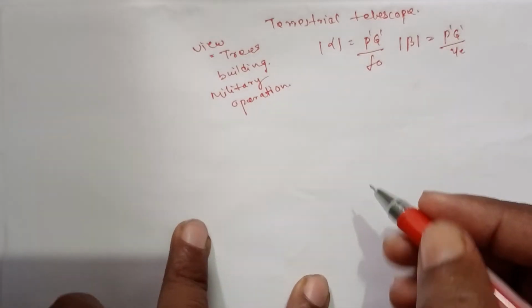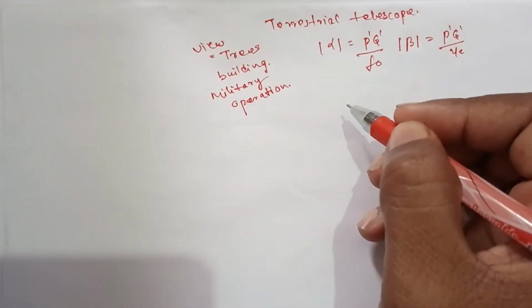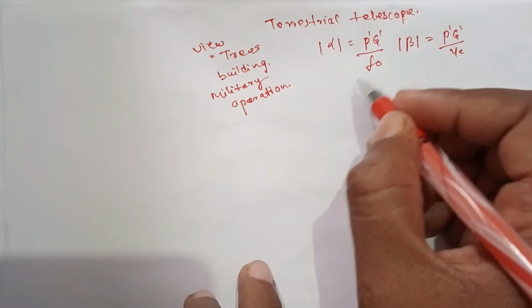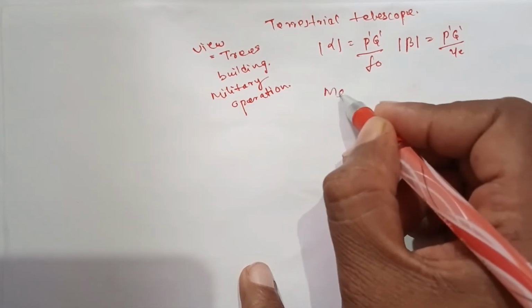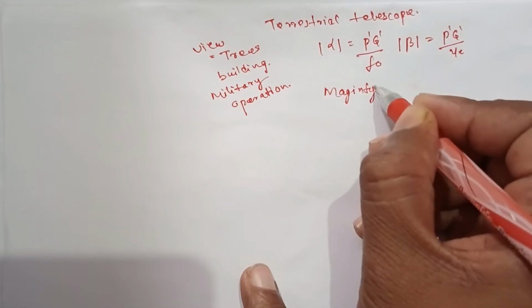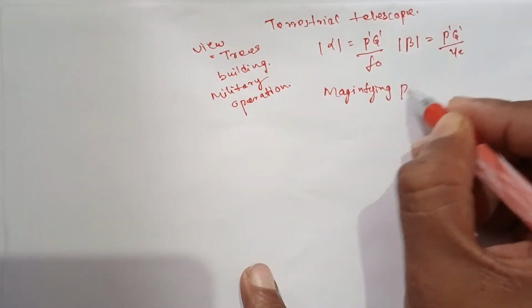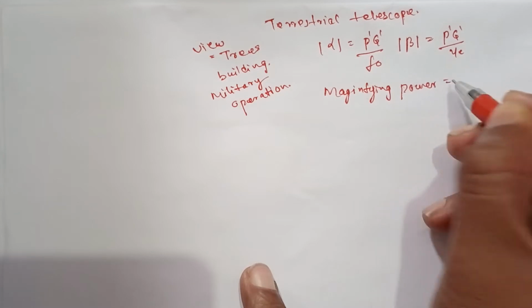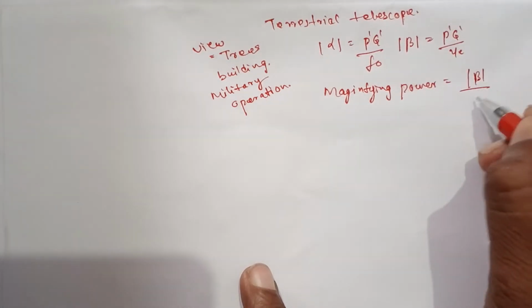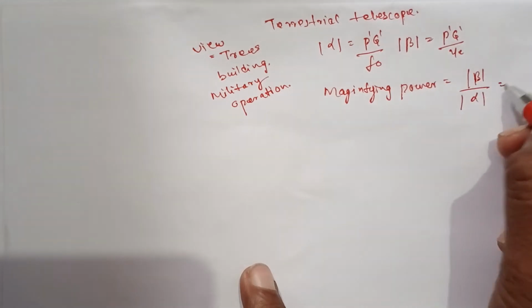So we have got alpha and beta. Magnifying power is equal to mod of beta by mod of alpha.